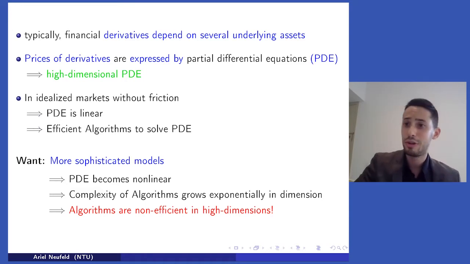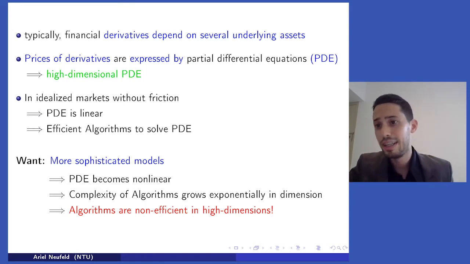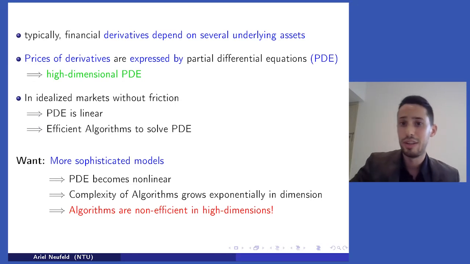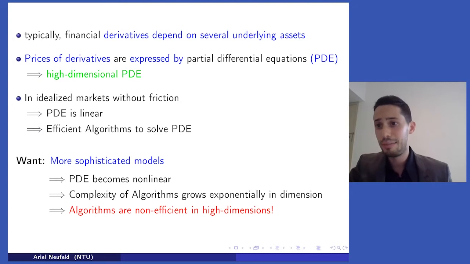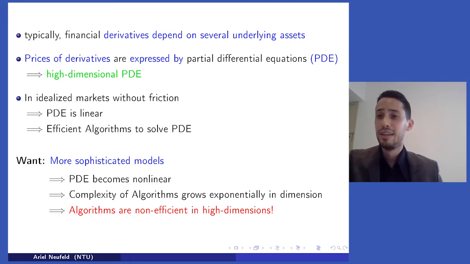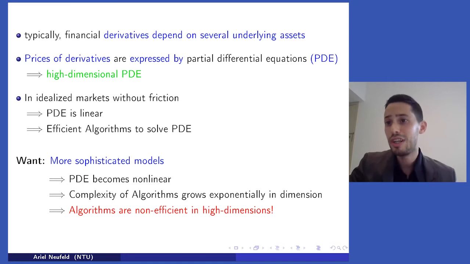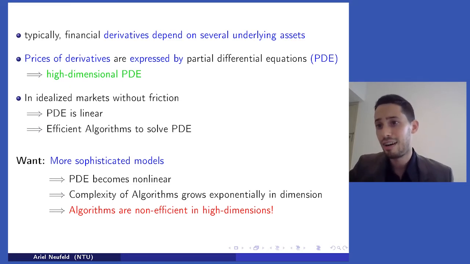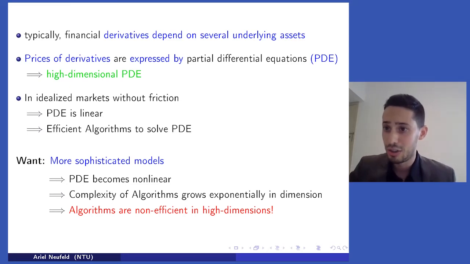So we are faced with this problem that we have financial derivatives which depend on a huge number of underlying assets. The corresponding prices can be expressed via a PDE, which is, however, nonlinear if we want to use a more sophisticated model which represents the financial market more realistically. But unfortunately, classical methods are not able to solve high-dimensional nonlinear PDEs.